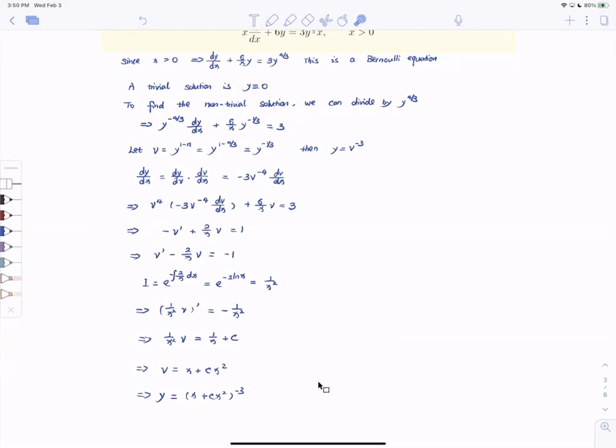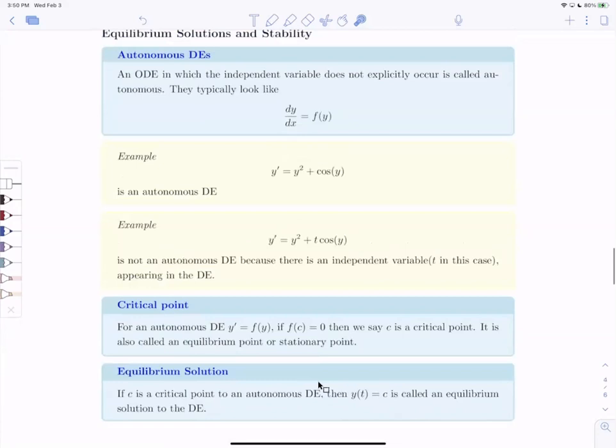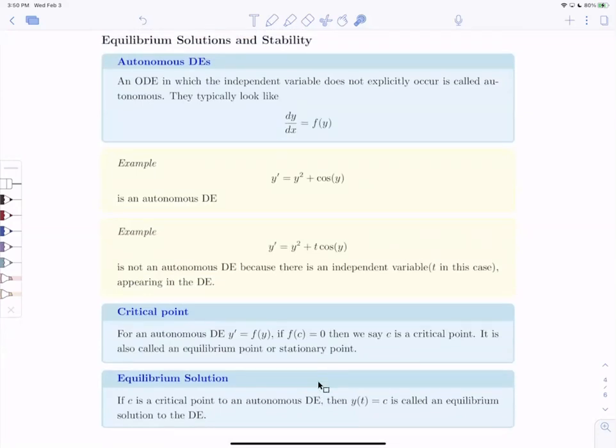Okay, next, equilibrium solution stability. This is pretty simple. So we have a definition called autonomous differential equation. This is a differential equation in which the independent variable does not explicitly occur. So something that looks like this is called an autonomous differential equation: dy over dx equals f of y.